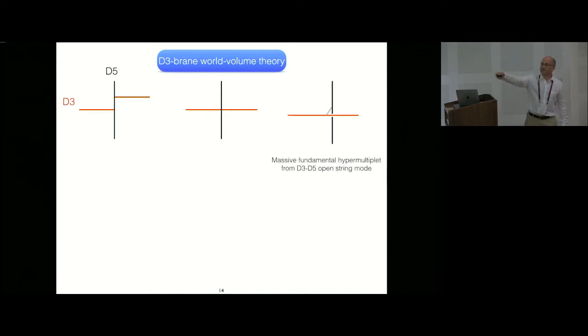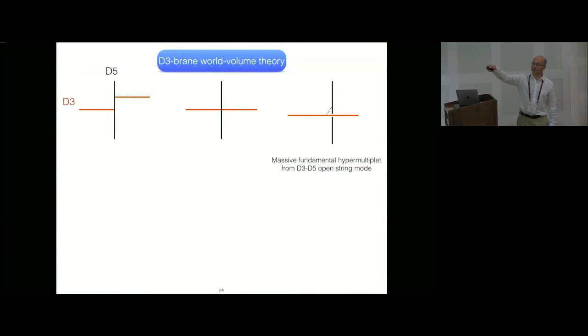Now, it's fairly clear that there are massive strings connecting two D branes. The mass is proportional to this distance. And because that string has a single end on D3, it is transforming in the fundamental representation of the gauge group on D3. So there is some fundamental defect at that point. And you can see what's happening when you move back.